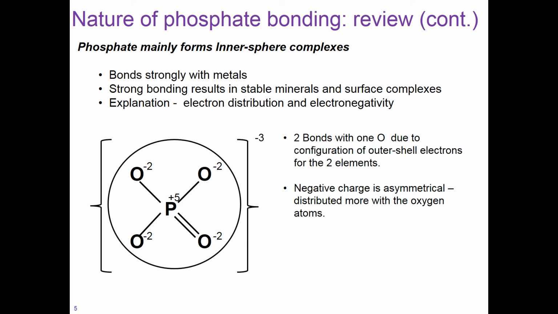The negative charge is asymmetrical, that is, it's distributed more with the oxygen atoms to the exterior than it is to the phosphorus, which is on the interior. And that asymmetrical distribution in charge results in a high electronegativity for the anion, and that gives the phosphate anion a high level of reactivity.